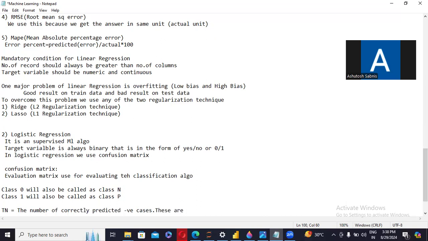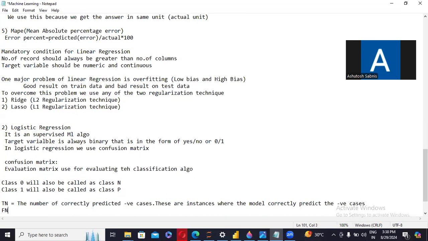These are instances where the model correctly predicts the negative cases.